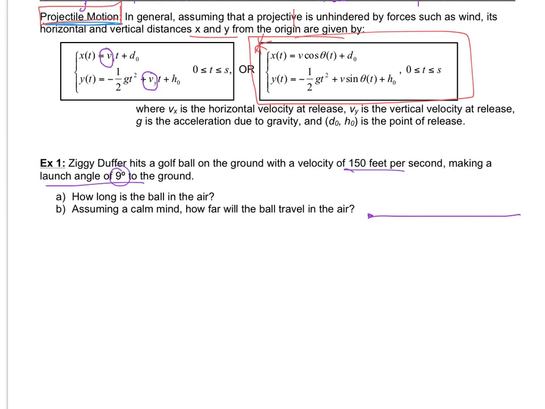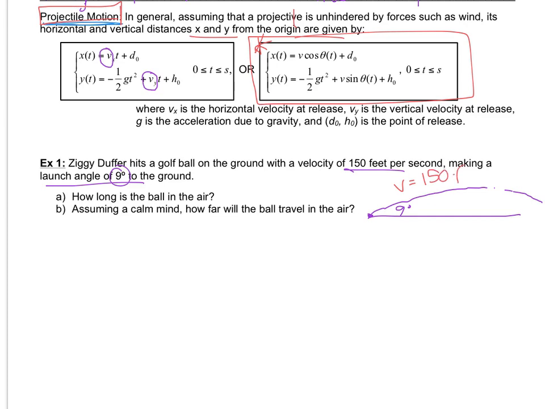So not 9%, 9 degrees. So that 9 degrees is our theta, and that's the angle at which our object was put into motion with the ground. So he hits this ball at a 9-degree angle with the ground.